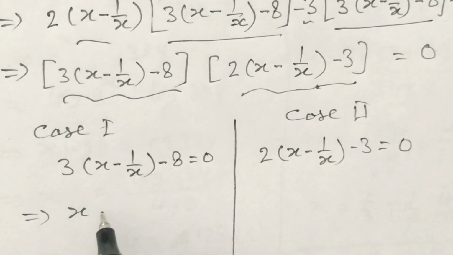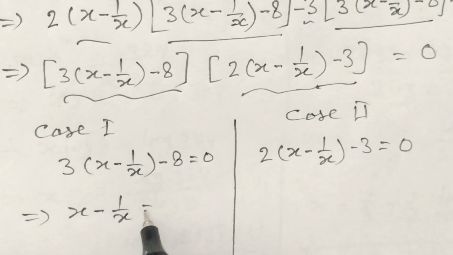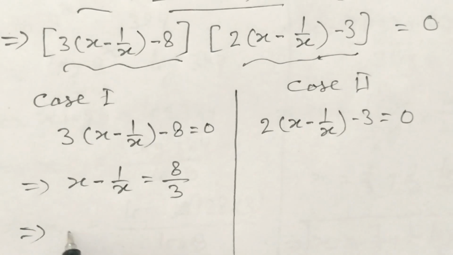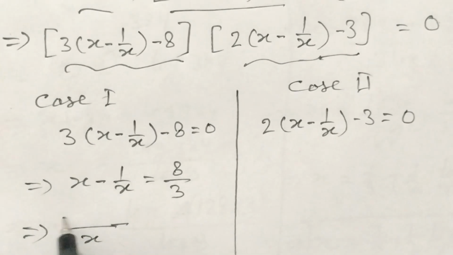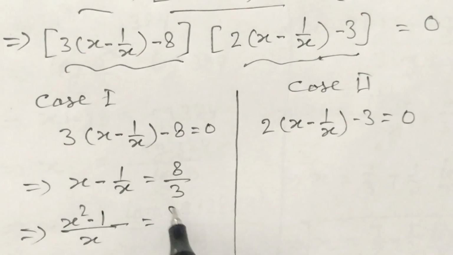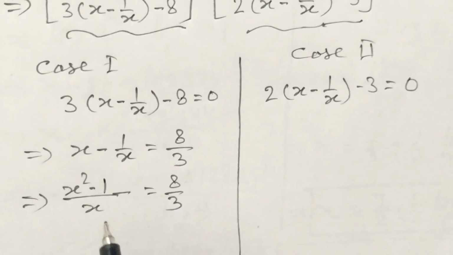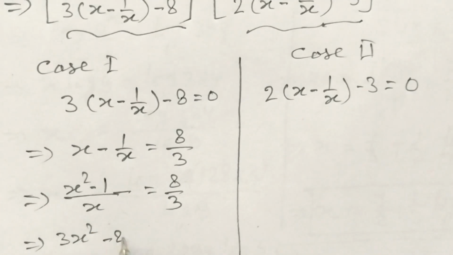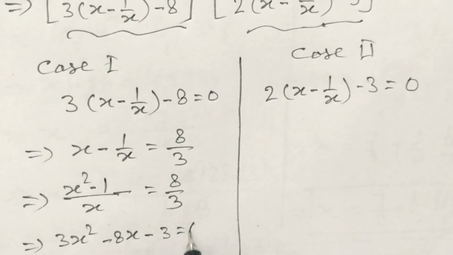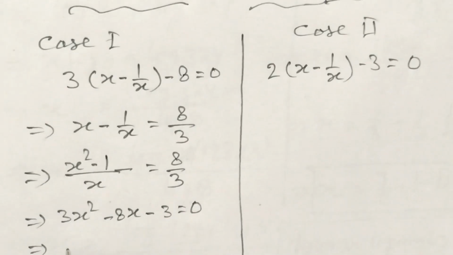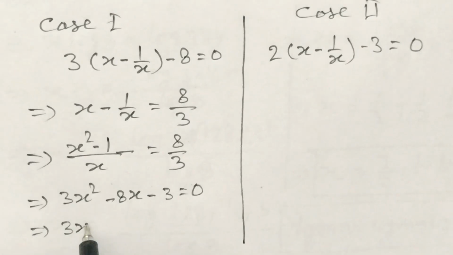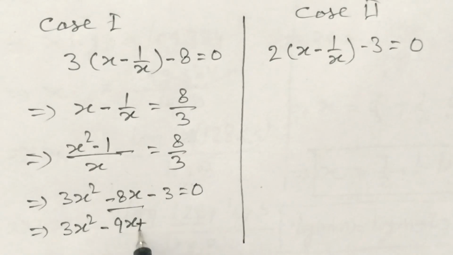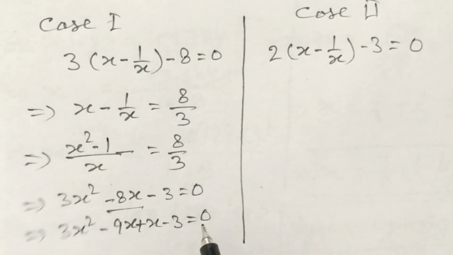So here x - 1/x is equal to 8/3, right? So with x as LCM, x^2 - 1 over x is equal to 8/3, right? So 3x^2 - 8x - 3 is equal to 0, or 3x^2, this can be broken up, minus 9x plus x minus 3 is equal to 0, right?